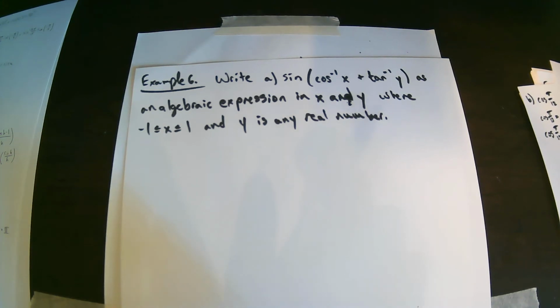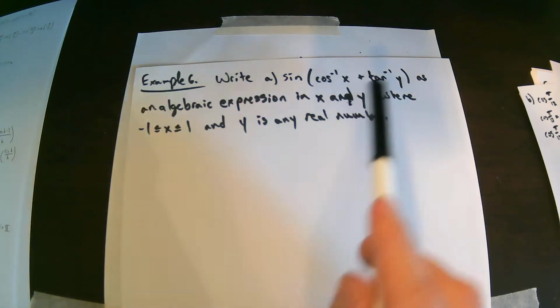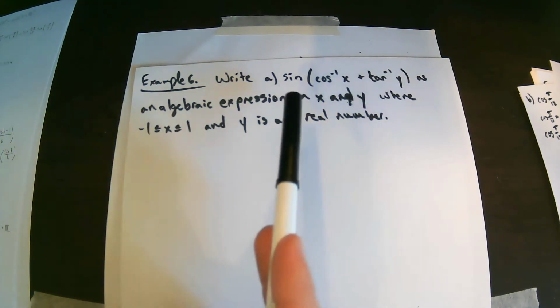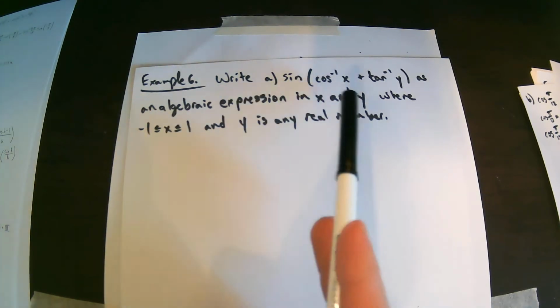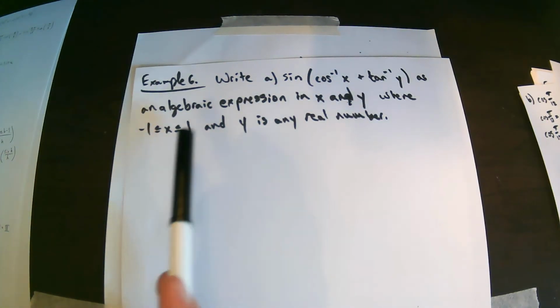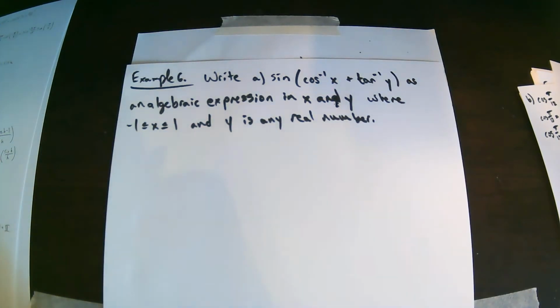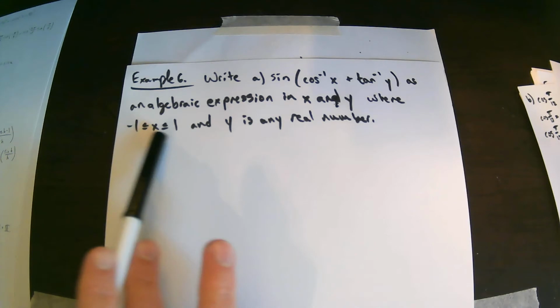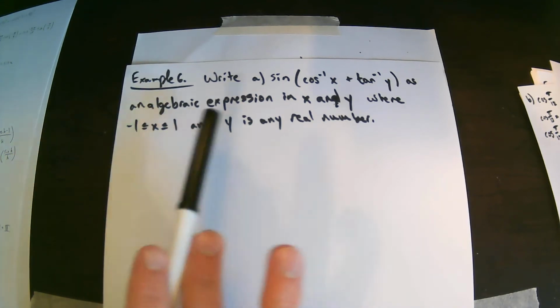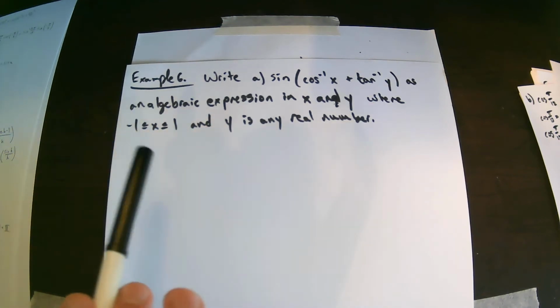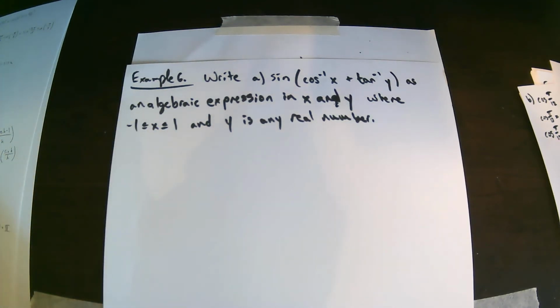So x is bounded because it's plugged into inverse cosine, so we know that the domain of that needs to be bounded, but the domain of inverse tangent does not need to be bounded. So that's why x is between -1 and 1, and y can be any real number. So this part's not really important. This is just to make sure we don't get any undefined stuff in our problem here.